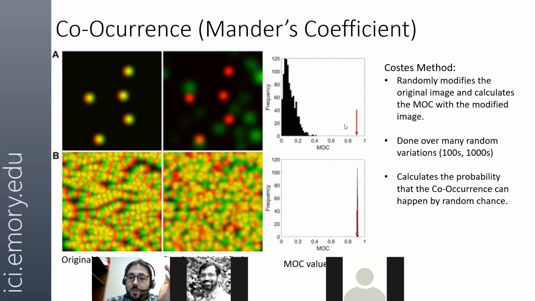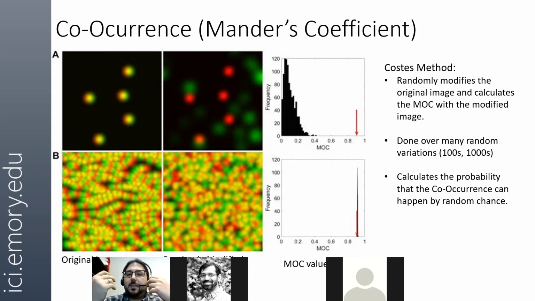And then the one we're looking at, which is here with a red point, that is the one that we calculated initially. And how does its value compare to all the other values we calculated after we randomly modified one of the images? Well, most of them fall away from it, below it.